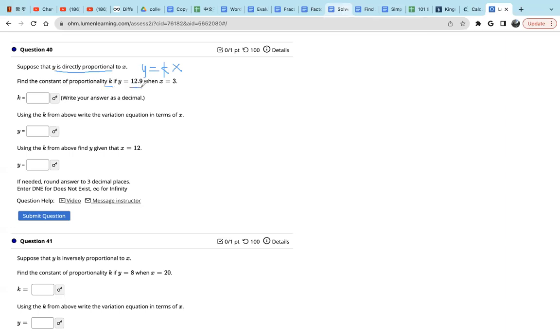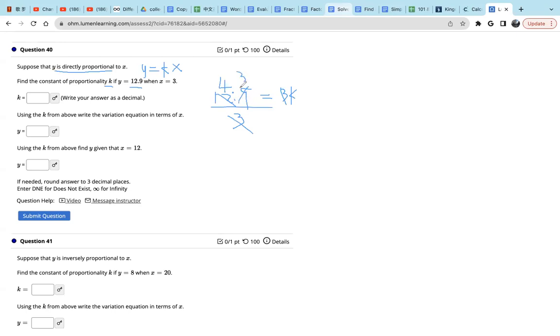If y equals 12.9, so y is 12.9, and x is 3. k times 3, we can write as 3k. Then we divide by 3 on both sides. 3 goes into 12, 4 times. Carry on the point. 3 goes into 9, 3 times.